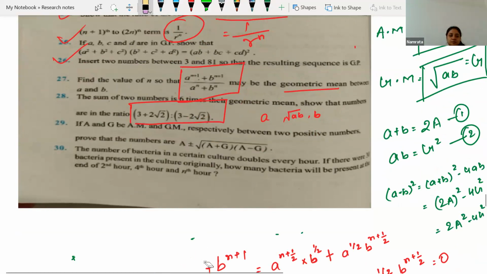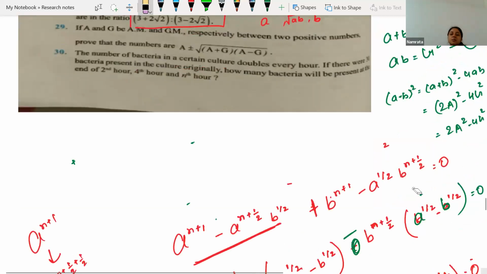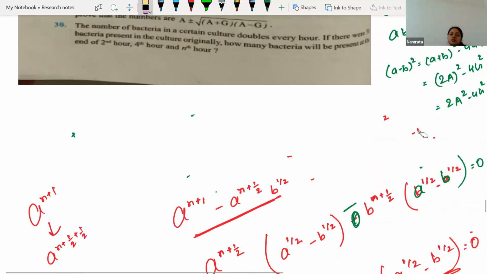Yes, ma'am. Now we have to find the numbers a and b, just that. How? By using the a plus b and a minus b expressions. Okay, so let's do that.